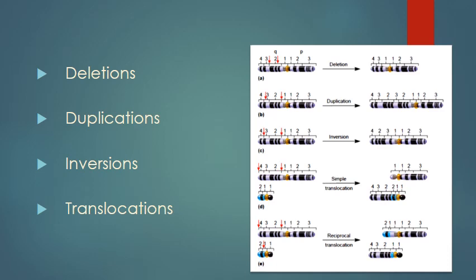A translocation occurs when a segment of a chromosome becomes attached to a different chromosome or a different part of the same chromosome. A simple translocation occurs when a single piece of chromosome is attached to another chromosome. In a reciprocal translocation, two different types of chromosomes exchange pieces, thereby producing two abnormal chromosomes carrying translocations.